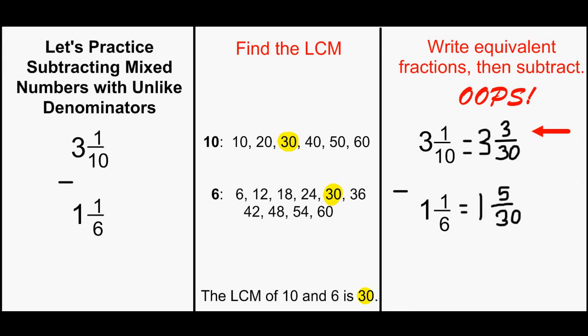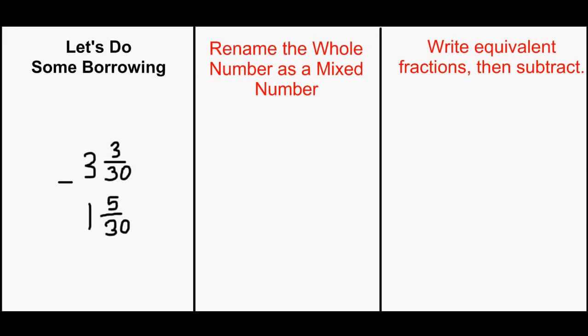Oops! Did you notice that we have 3/30 minus 5/30? 3 minus 5 we can't do when they're part of another number. We need to borrow. Let's look at our mixed numbers, 3 3/30 and 1 5/30.